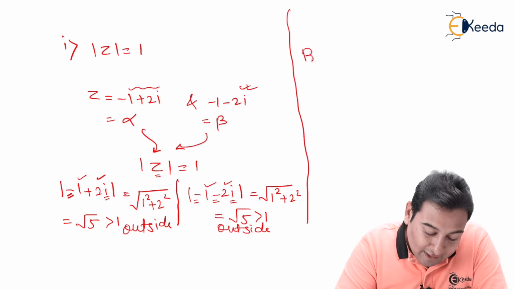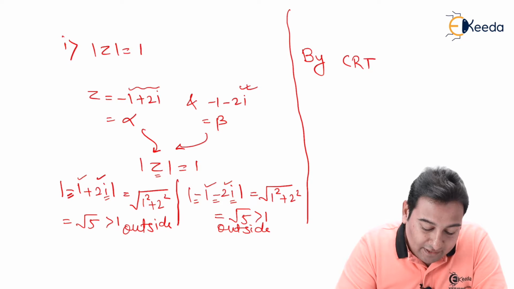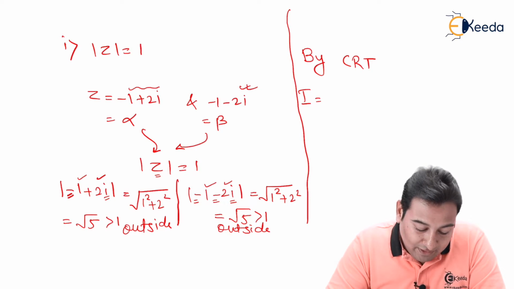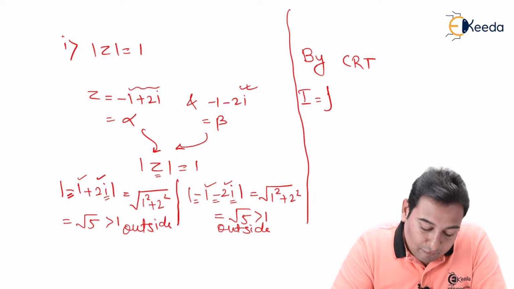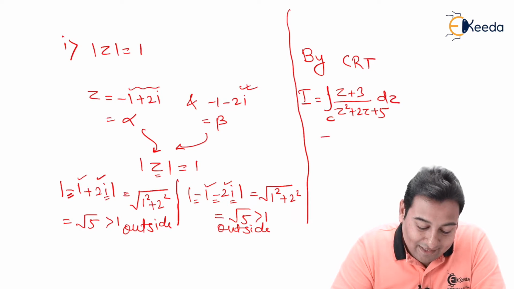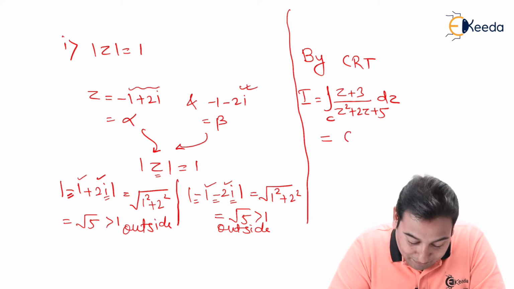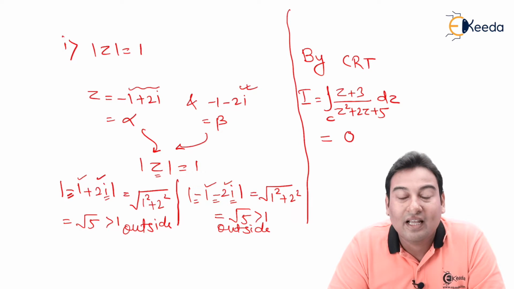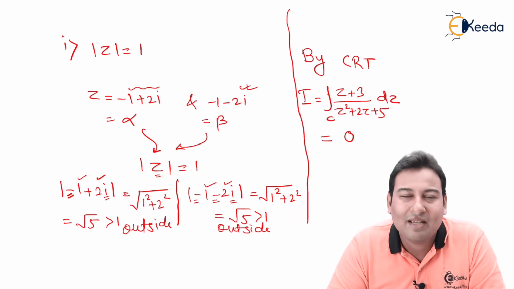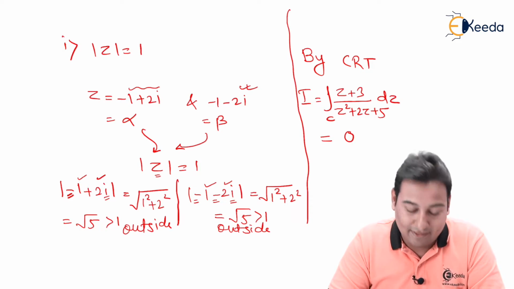So the answer by CRT is: I, that is your given integration of z plus 3 upon z square plus 2z plus 5 dz, is equal to 0, because both the poles are lying outside. If you compare this with the problem that we solved in Cauchy integral theorem, same problem, you will get the same result.